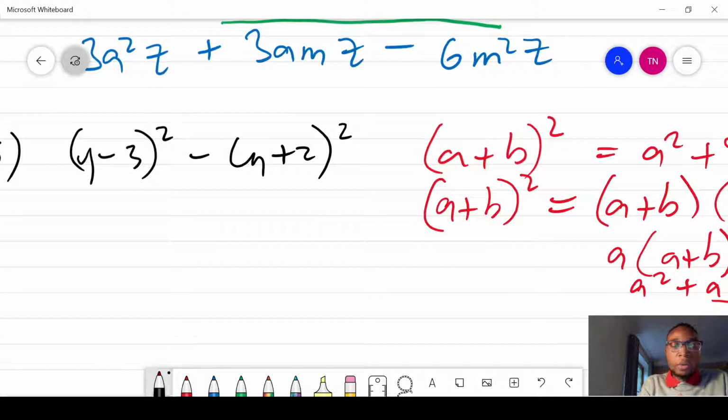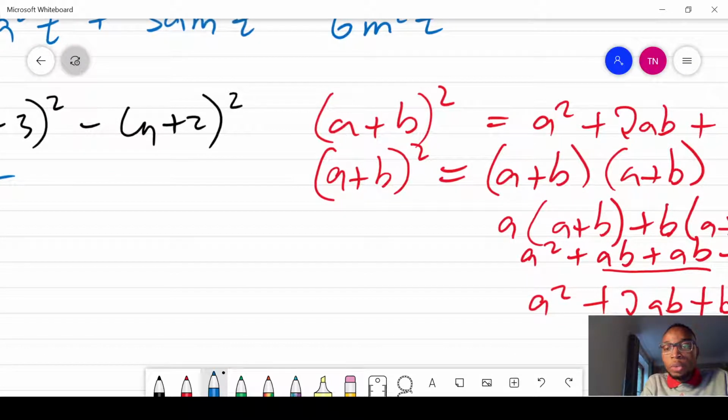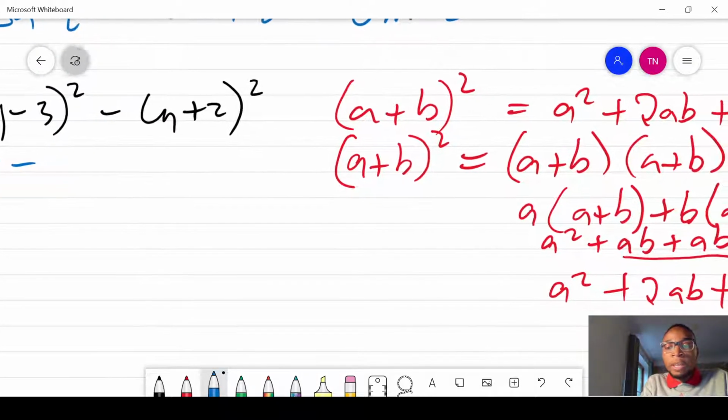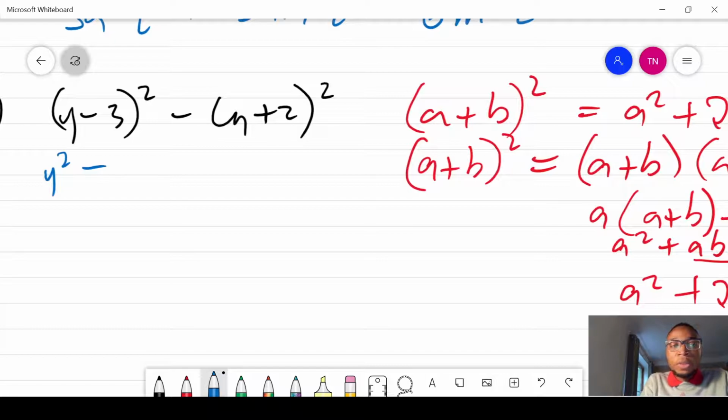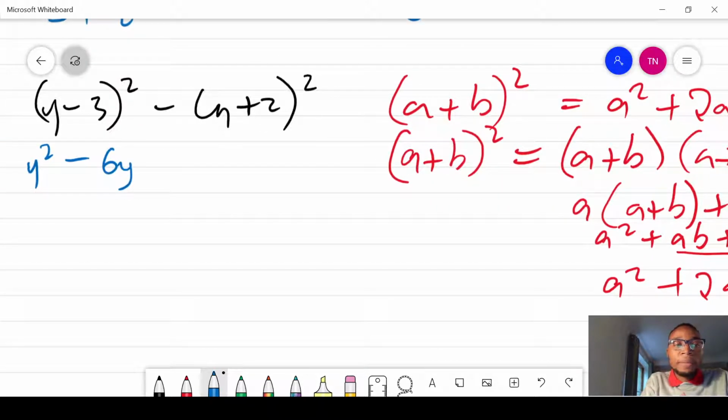So now, when you're expanding this here, you're going to have y squared minus, so from the formula it is 2ab, a is y, then b is negative 3. So that is going to be minus 6y, then b is just your minus 3, or maybe let me just show it here so that you could see what is happening.